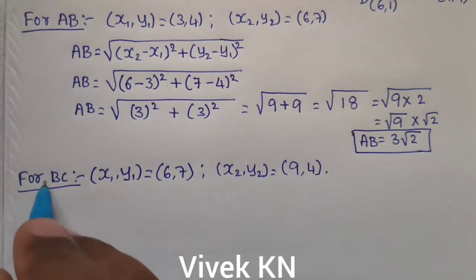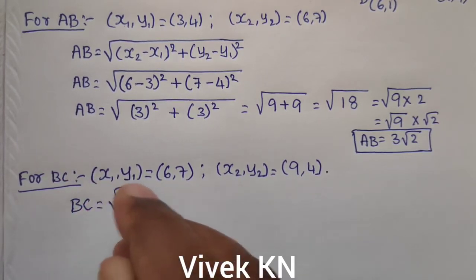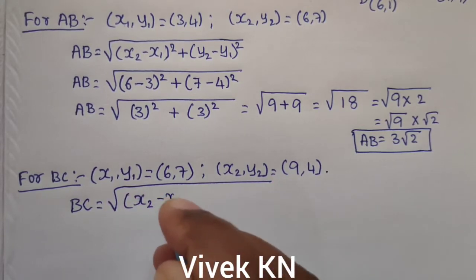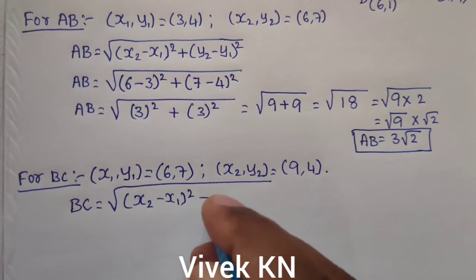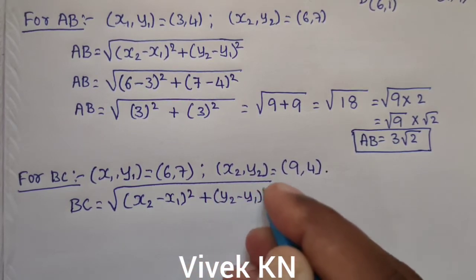Now let us calculate the distance between points BC by using distance formula, which is given by under root of x2 minus x1 whole square plus y2 minus y1 whole square.